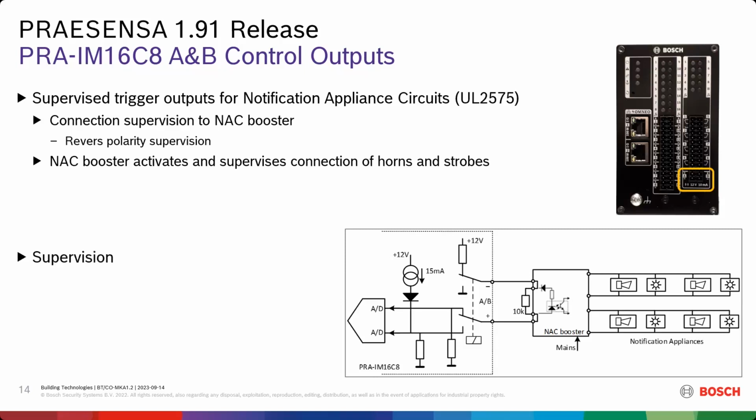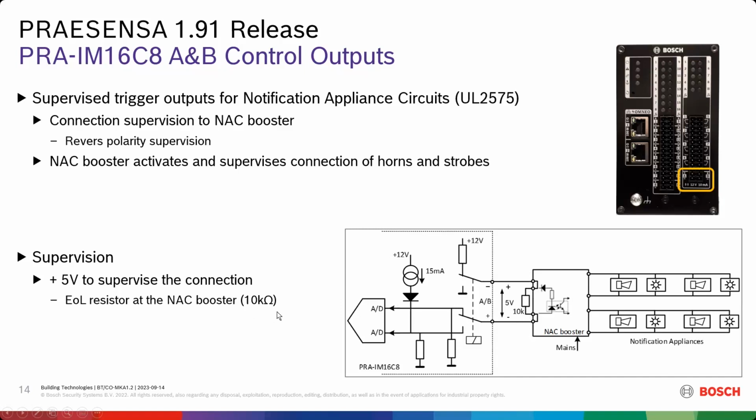So the supervision works like this: in an inactive mode, it can supervise through this 5 volt over this 10K resistor here at this side. When you would have 12 volt applied here, in this case you are sure that the NAC booster is active.